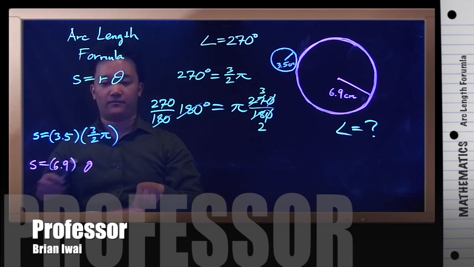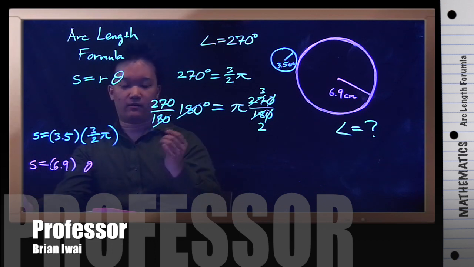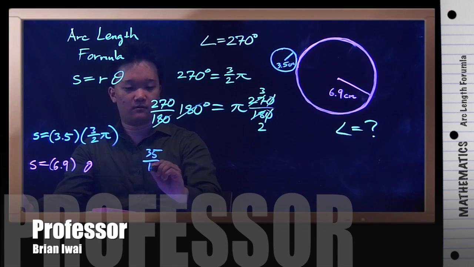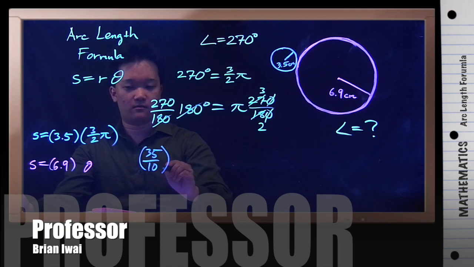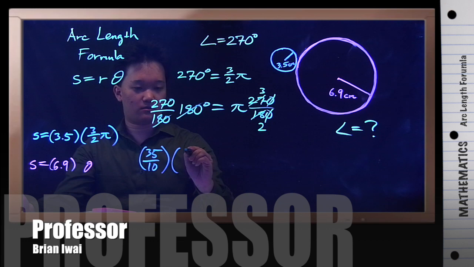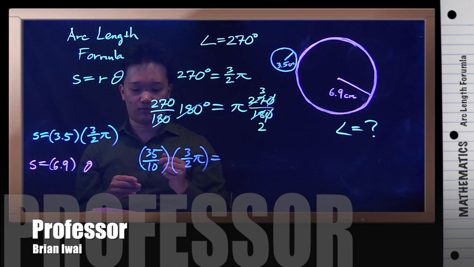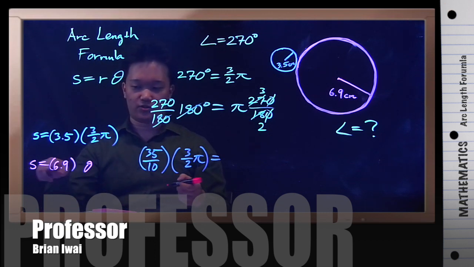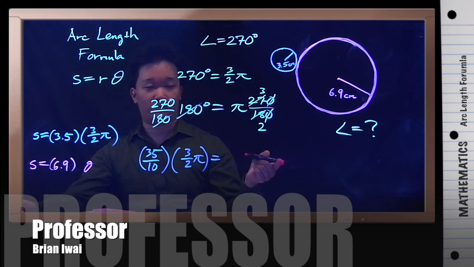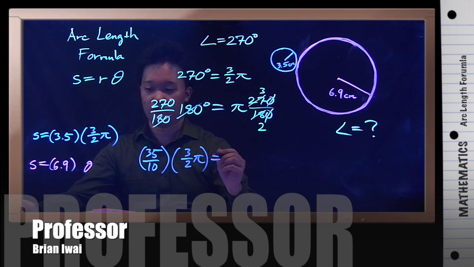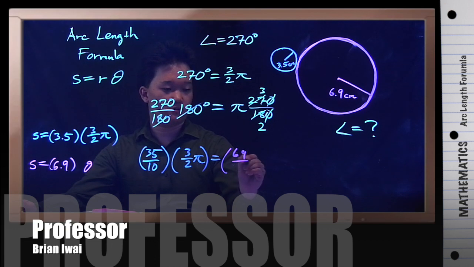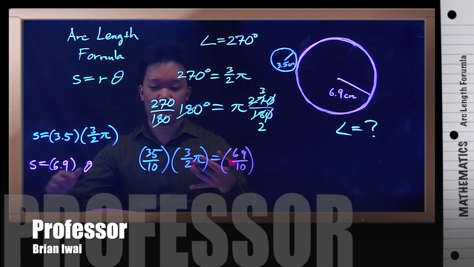I'll write 3.5 as a fraction, 35 over 10, times 3 over 2 pi, and set that equal to the arc length formula for the bigger gear. Instead of 6.9, I'll write its fraction form, 69 over 10, times theta, which we don't know.